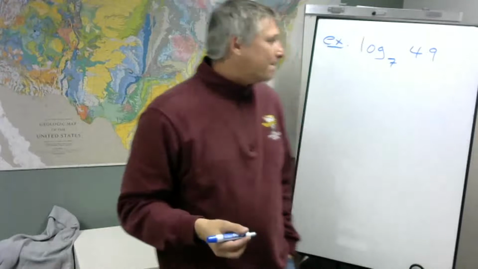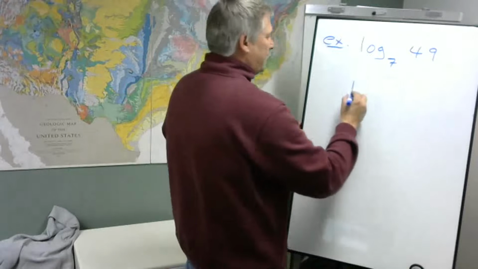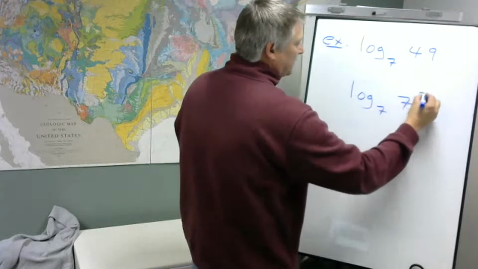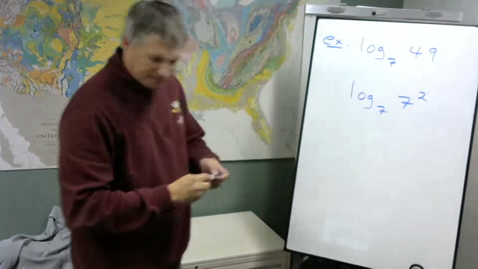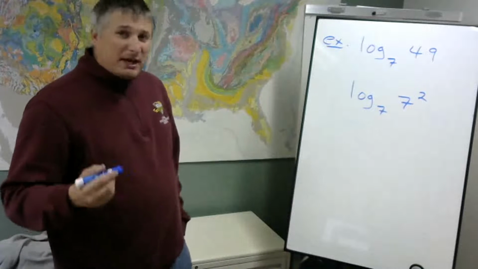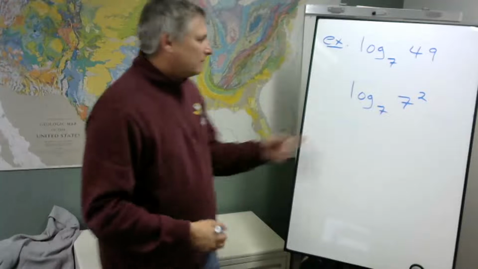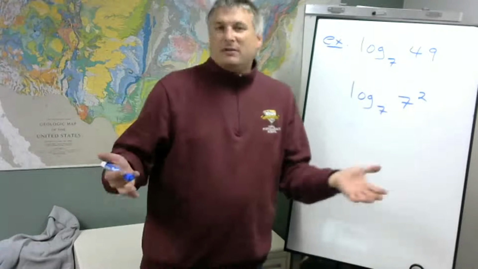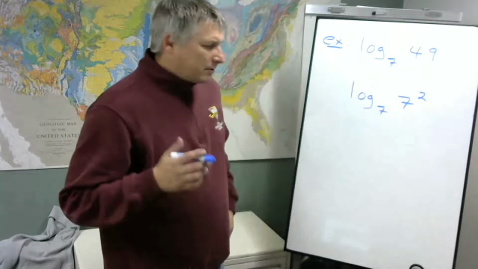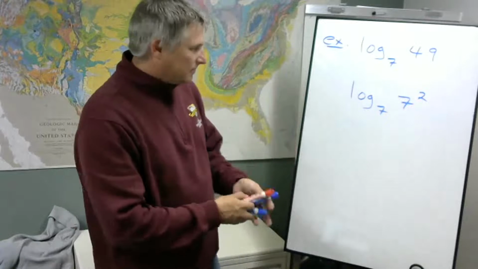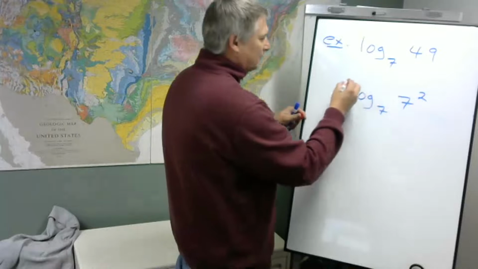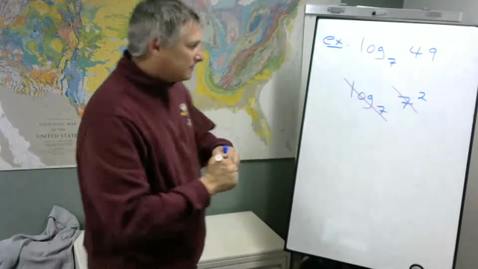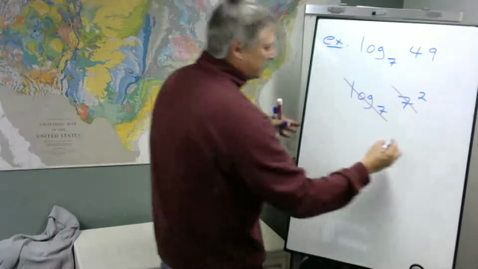What is this equal to? Well, we can rewrite this as log base 7, and 49 is 7 squared. So what we basically have is log base 7 of 7 to the x. Now we've been given a number for x, but we're still going to get cancellation. The log and its base and the exponent base are going to cancel, and we're just going to get 2.